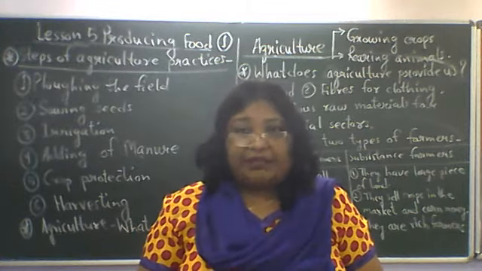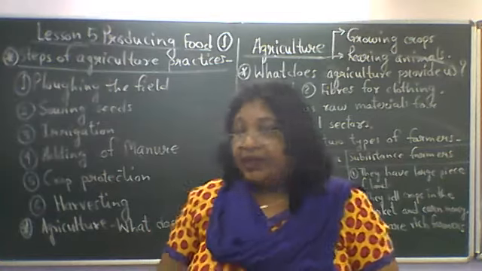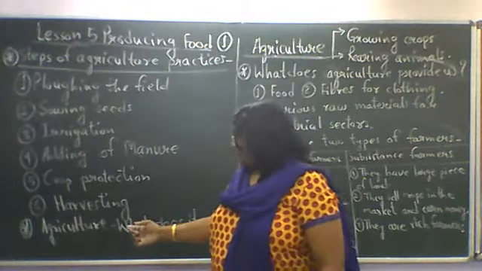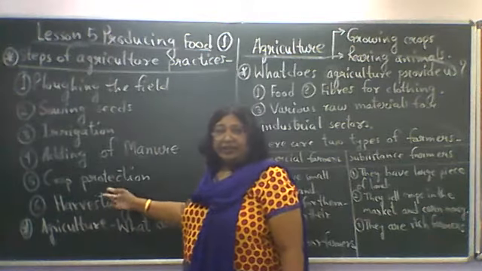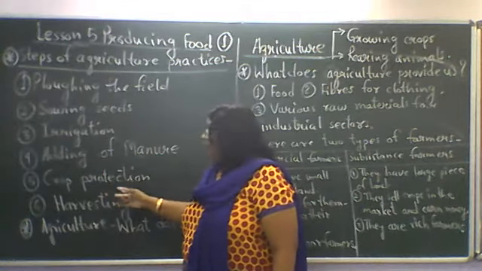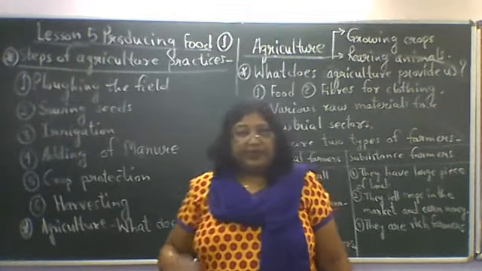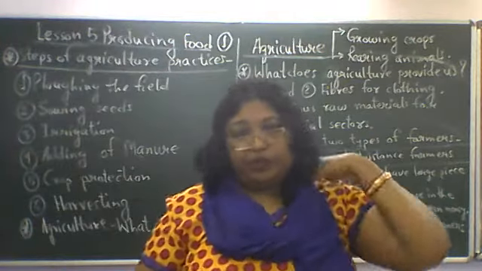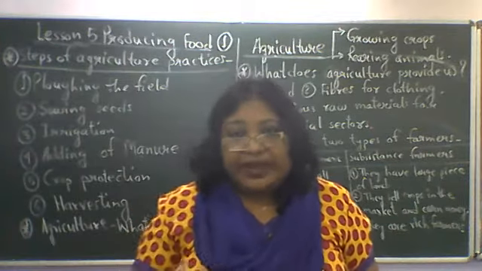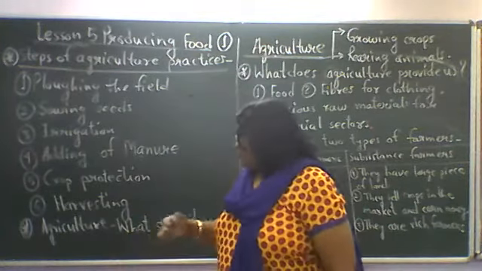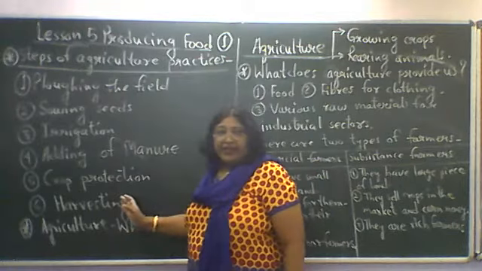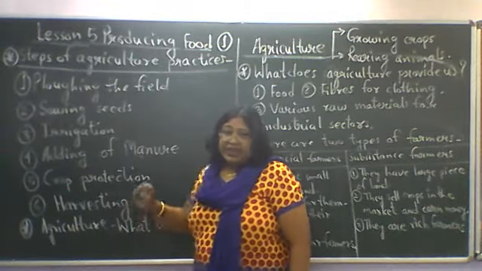For that, farmers use many things for the protection of their crops. In this lesson, I will explain what they do. Next, when their crop is ready, finally they do the harvesting.